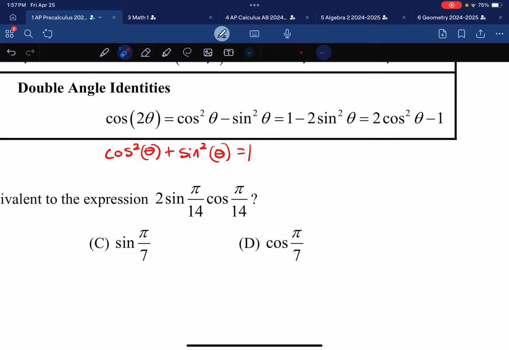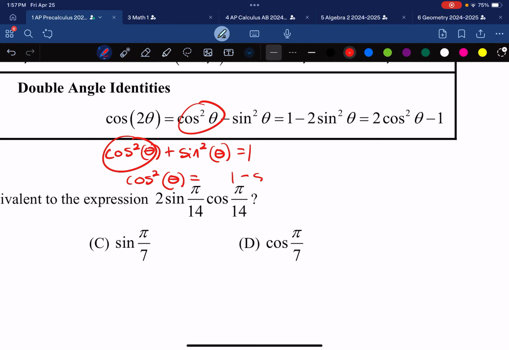Let's say I solve for cosine squared, and I move the sine squared to the right, and I now have cosine squared of theta is equal to 1 minus sine squared of theta, because I subtracted sine squared of theta on each side. Which means this is now written as 1 minus sine squared of theta. And how many of these minus sine squareds of theta do I have? I have 2 of those sine squared of theta, and I saw that one right there.